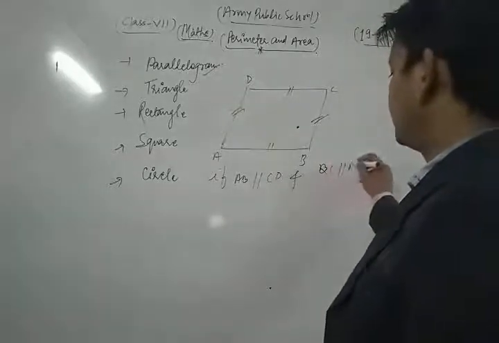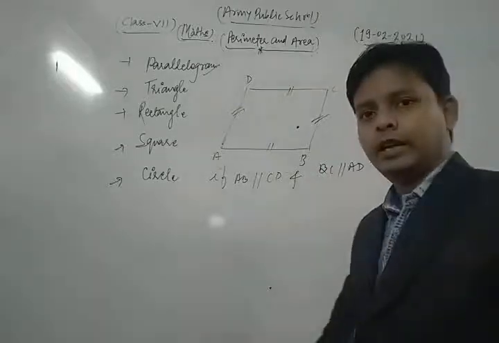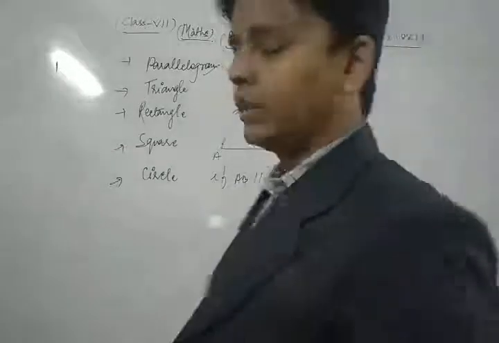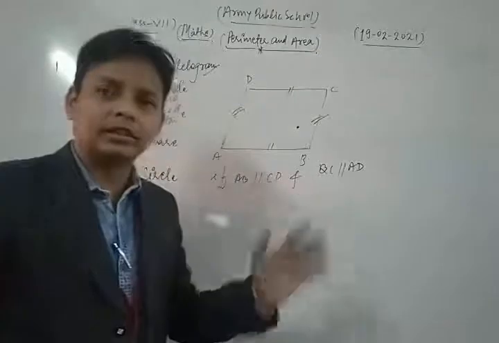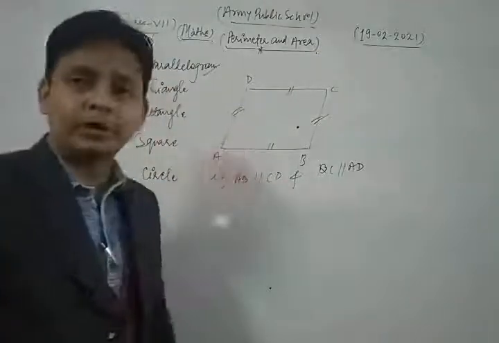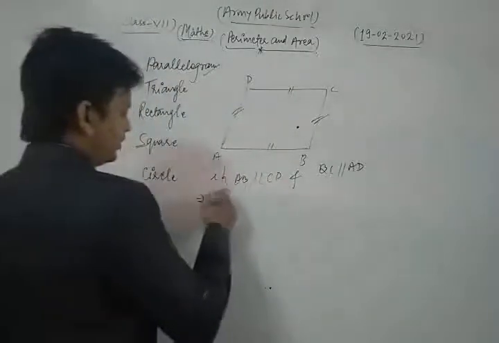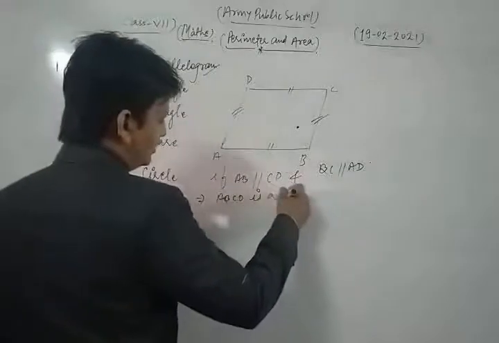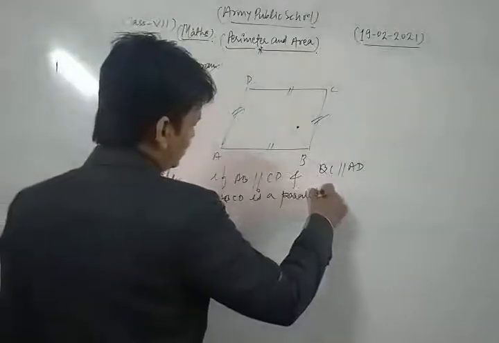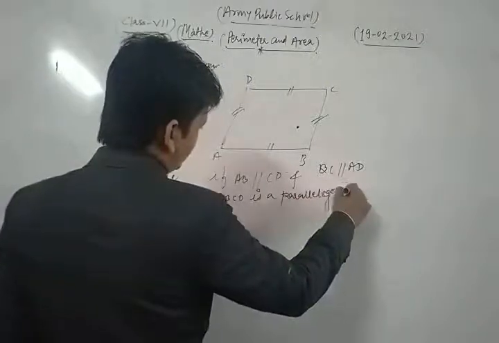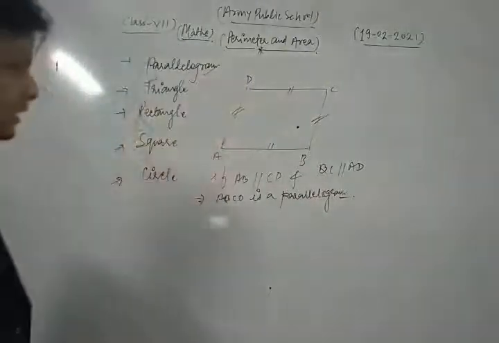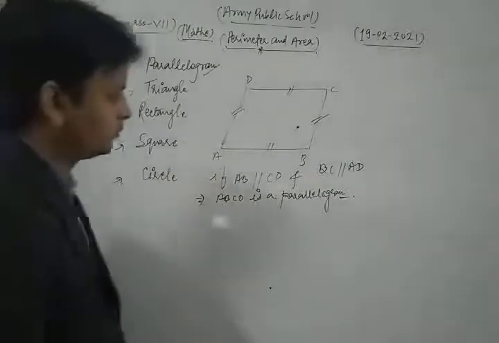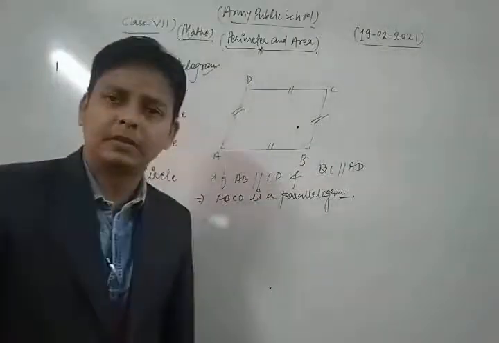Then that quadrilateral is known as a parallelogram. That is, we can say that ABCD is a parallelogram.